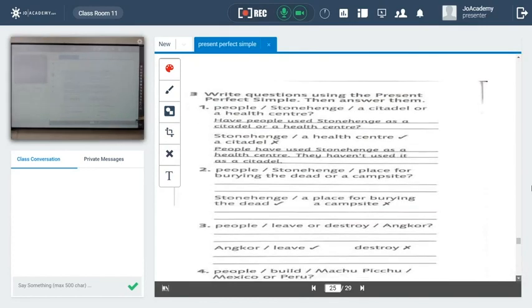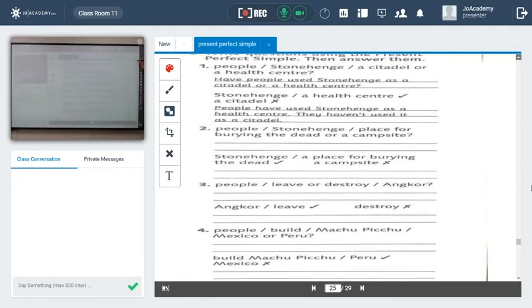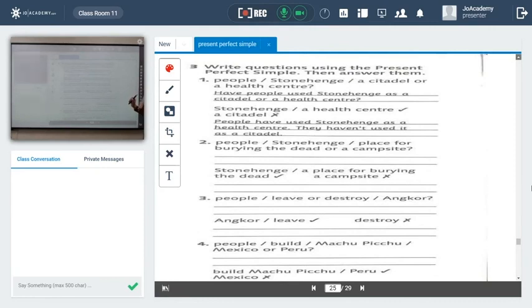In this exercise, you are going to write questions using the present perfect simple. Then you are going to answer them. So let's take example 1 and have a quick look at how it is formed.